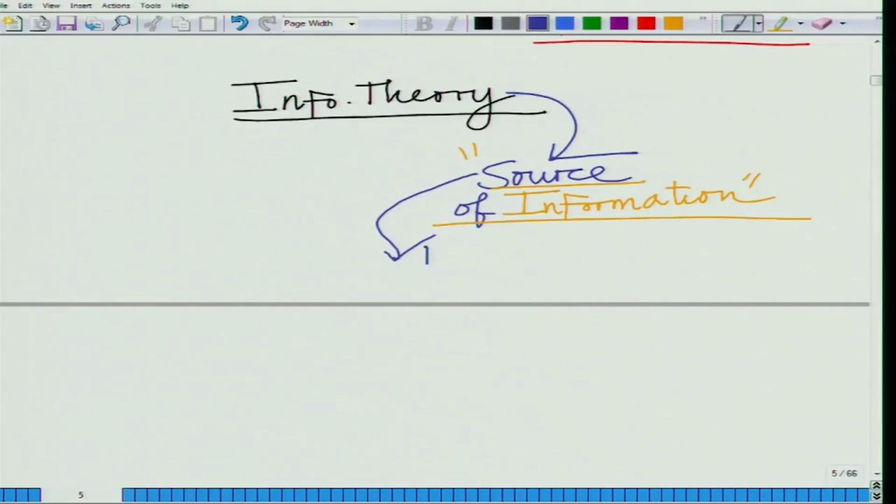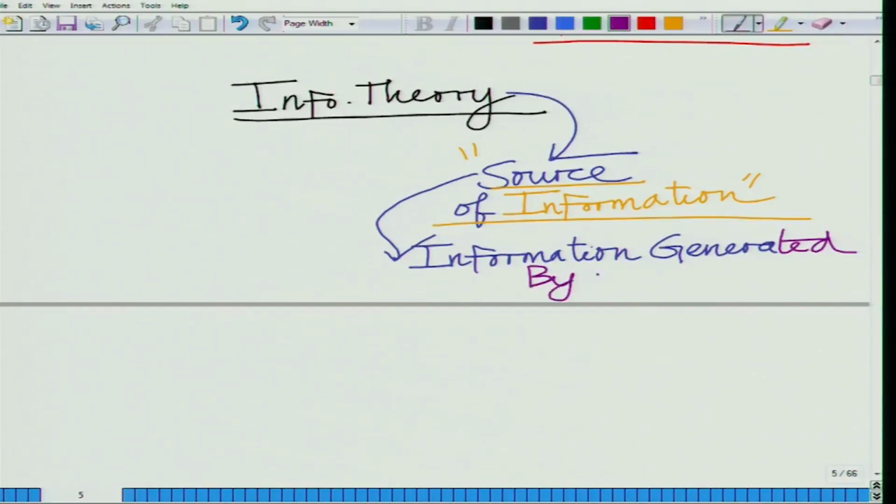So, we also talk about what is the information generated. What is the information generated by a source? So, we would like to characterize the information generated by a source.